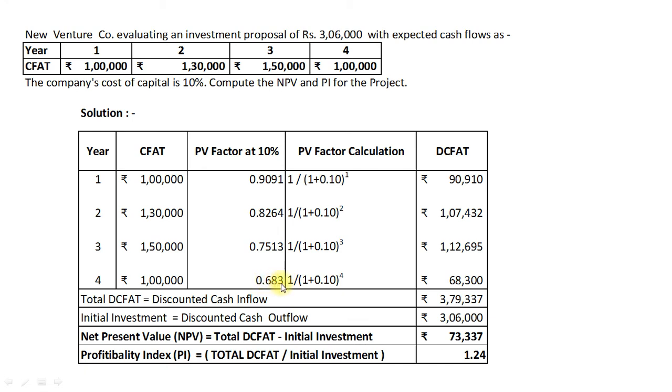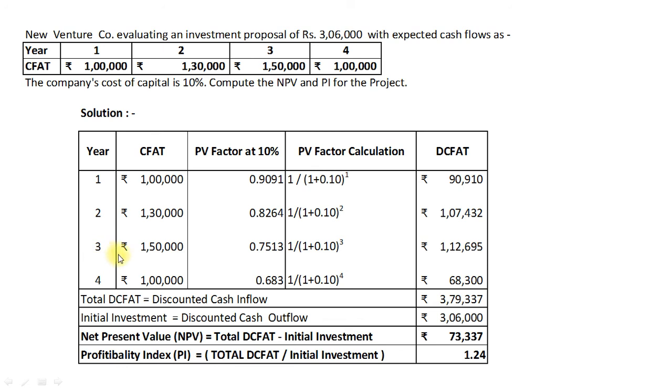Now we will calculate discounted cash flow after tax. So what to do? Cash flow after tax multiplied by PV factor. So 1 lakh multiplied by 0.9091. So our amount for the first year will be 90,910. Same way, second year 1,30,000 multiplied by 0.8264, that is 1,07,432.